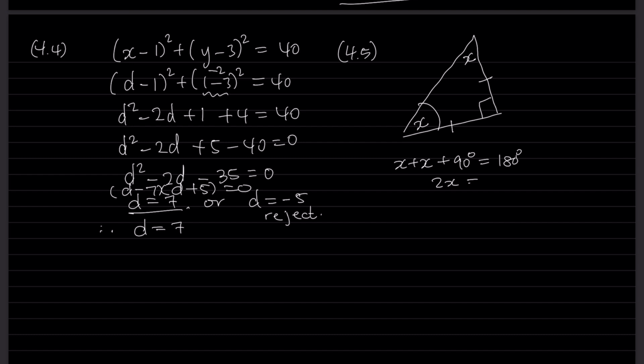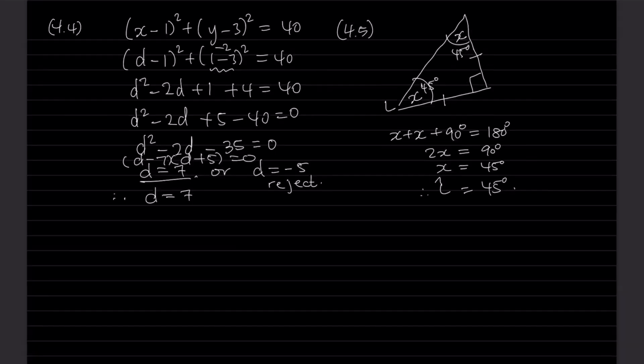That means 2x is equal to 90. That means x is equal to 45 degrees. So this angle right here is 45, angle L, and this angle right here is also 45. Okay, so L is equal to 45 degrees.